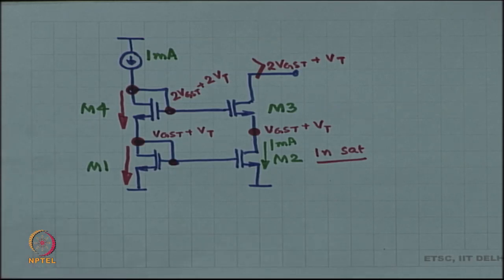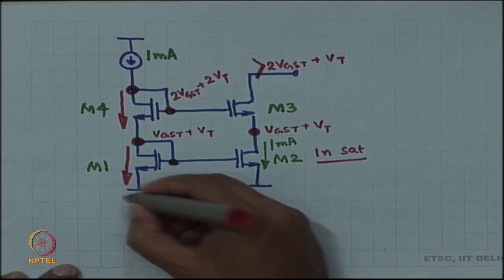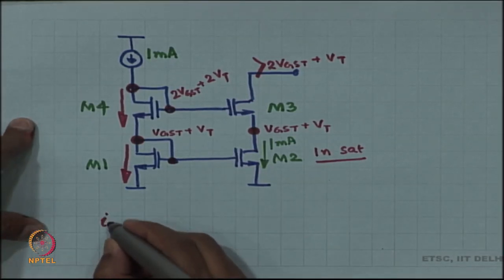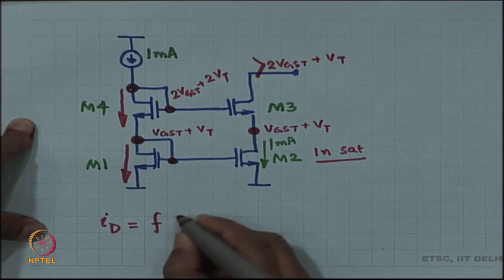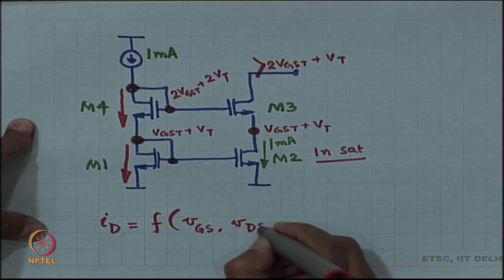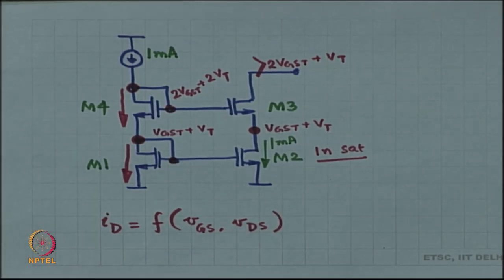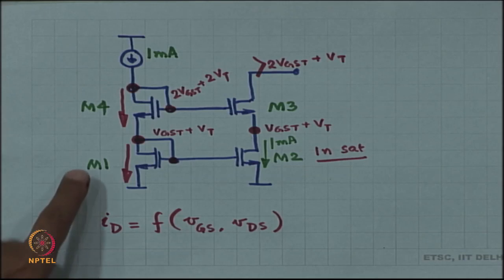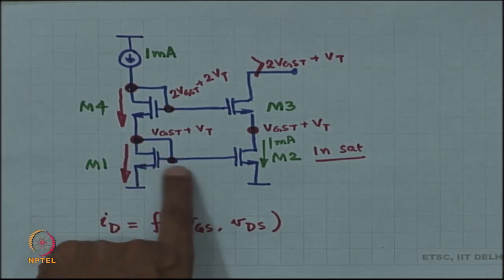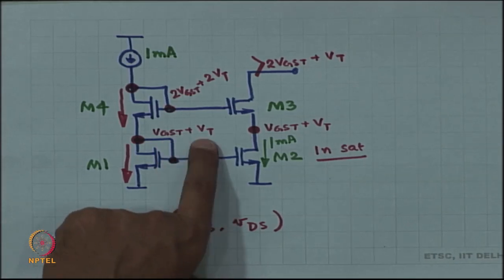For this device, the MOSFET, ID is some function of VGS and VDS. Now, M1 has VGS and VDS both equal to VGST plus VT.